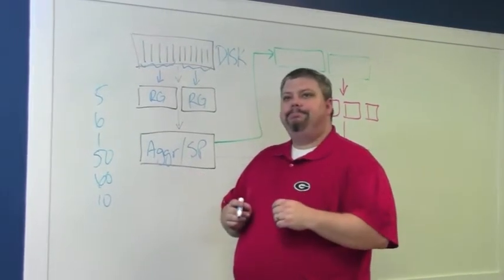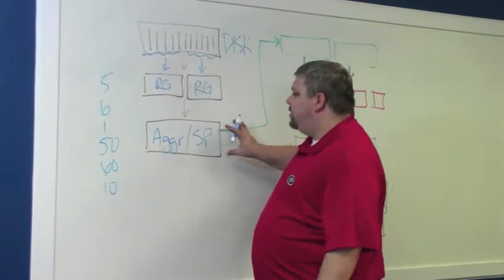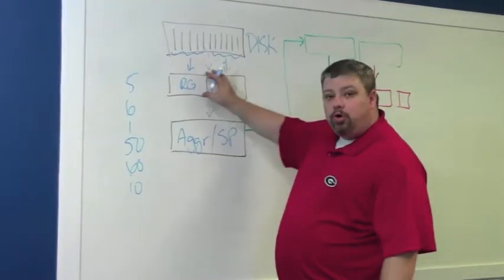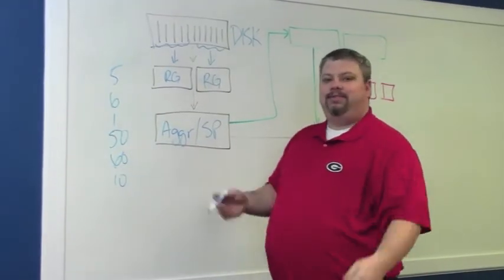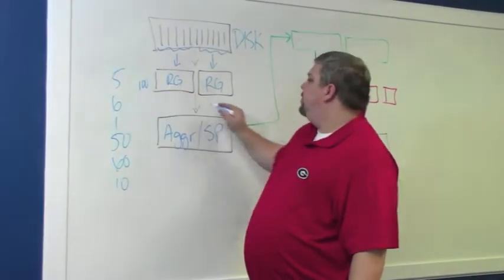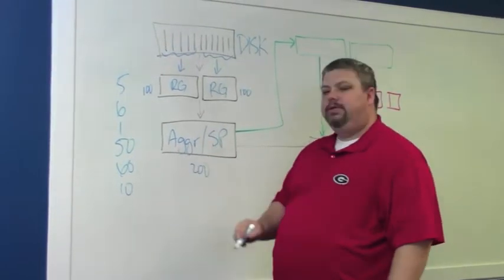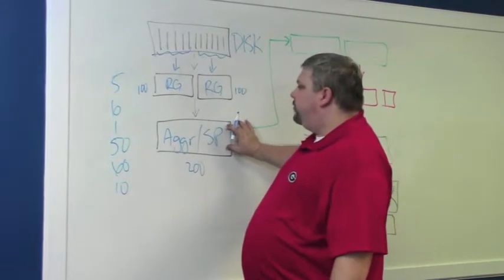That's really what they call them, one of those two things. This is basically a collection of one or more RAID groups into a single logical disk. So if this RAID group was 100 gigs and this RAID group was 100 gigs, maybe this is 200 gigs.